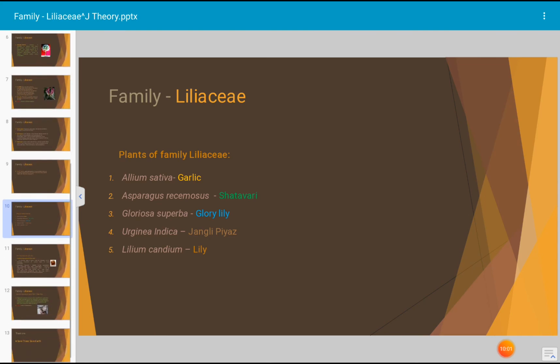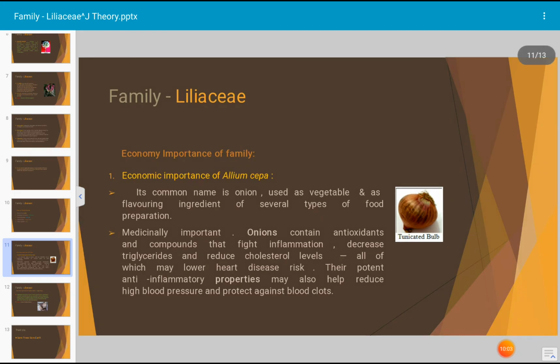Next, the economic importance of this family. We have taken one plant here, the economic importance of Allium cepa. Its common name is onion, and this plant is used as a vegetable and as a flavoring ingredient in several types of food preparation.